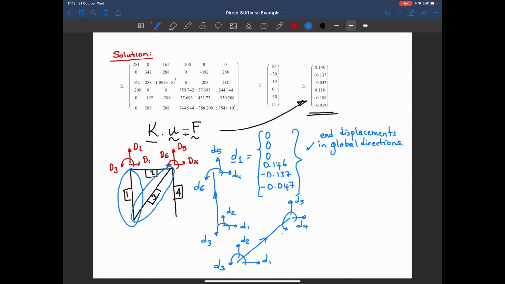These are the degrees of freedom in the global directions. So D3 will then be equal to the first 3 degrees of freedom. They are equal to 0 because I have a fixed support here. So let's write down 0, 0, 0. The fourth degree of freedom is equal to D4, that's 0.116.